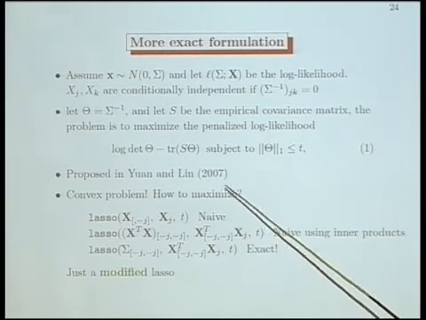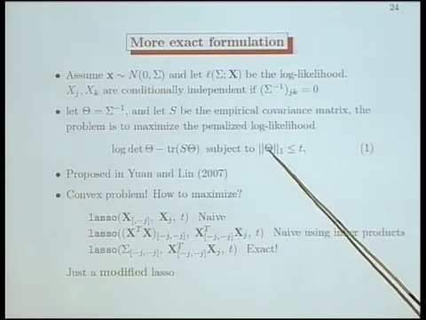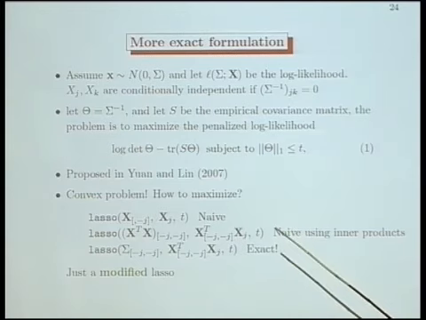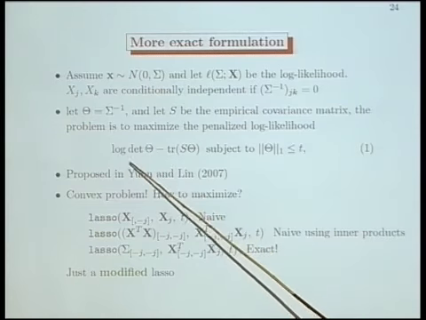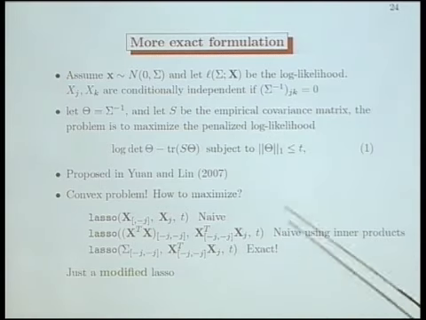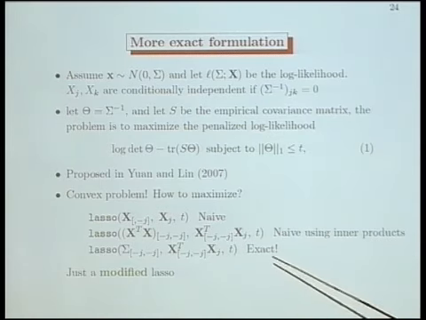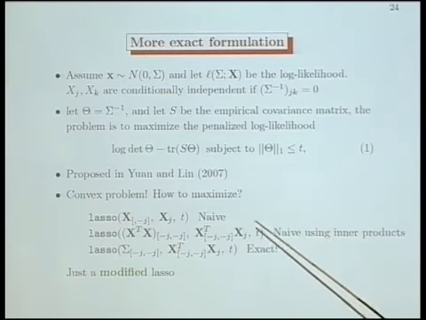And Yuan and Lin, I think, were the first that I saw that proposed this idea as a way of estimating sigma inverse. This is a convex problem. But it's kind of hard, right? This is a complicated object, log determinant of theta. Well, it turns out that you can rephrase the problem in a very useful way. Here's sort of a conceptual way of thinking about it. So the method I just talked about that Meinshausen and Buhlmann proposed can be thought of this way.